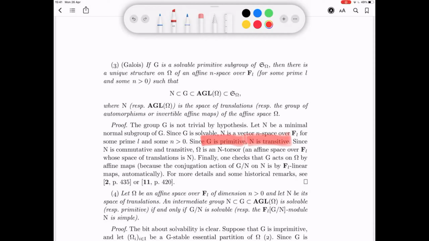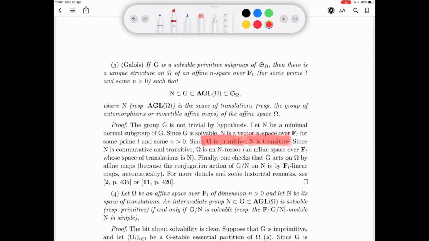So what have we got now? We have two bits of information about this N. First, as a group, it is isomorphic to Z mod LZ to the power n. And the second is that as a subgroup of the permutation group S omega, it is transitive.